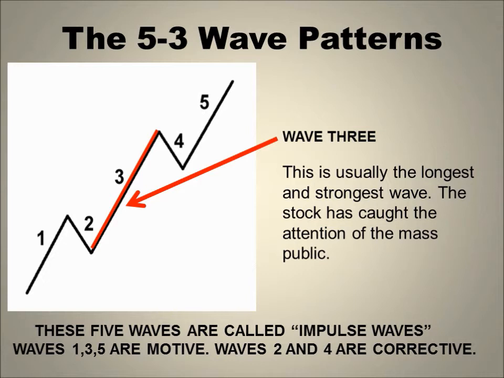But it's not too late to make a really good profit. So that's why wave number three is bigger than wave number one. And wave number three is usually the largest wave in the bull market because we're dealing with people that realize the opportunity and they're just rushing in because they know they're going to make a profit.